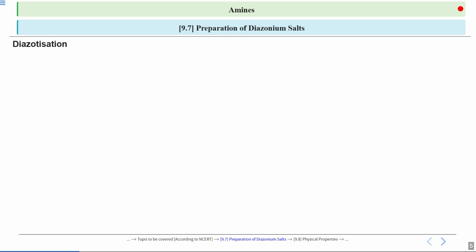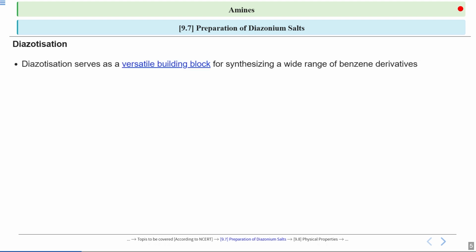So we are going to see first the preparation of diazonium salts. So first we will focus on diazotization. This diazotization is an important process, especially when we are working with amines. Okay, let us see what this diazotization is about. Diazotization acts as a versatile building block.